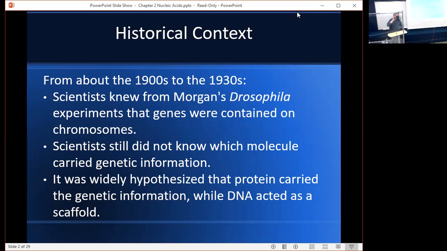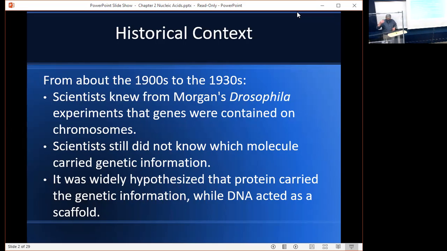But at this point, scientists still don't know which molecule actually carries the genetic information. Remember that chromosomes are made from chromatin. Chromatin is a mixture of DNA and proteins, specifically scaffolding proteins, histones, that help to condense the chromosomes down into the sister chromatids. So there was a debate at this point. A lot of people said, well, proteins are obviously the molecules that carry genetic information. Other people thought, no, DNA, nucleic acids, are the molecules that carry genetic information.